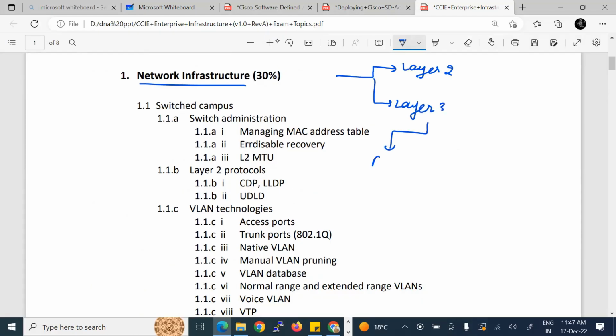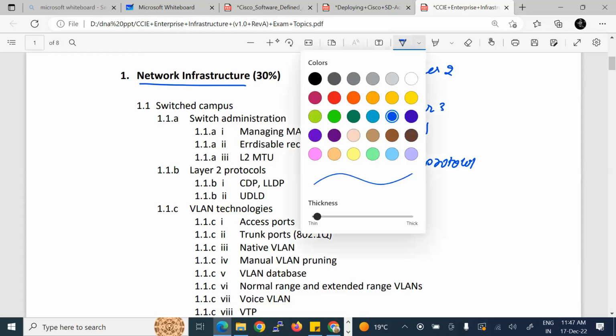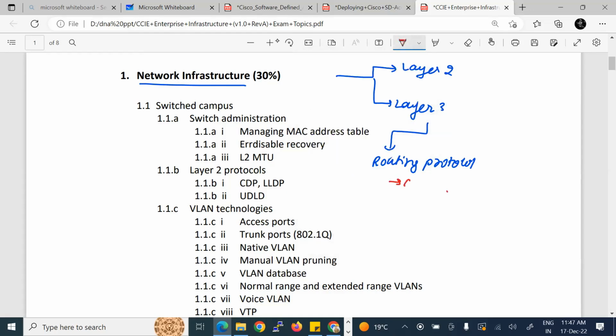In layer 3, we have the routing protocols basically: EIGRP, OSPF, and BGP. In layer 2, we have STP, EtherChannel, and VTP maybe.